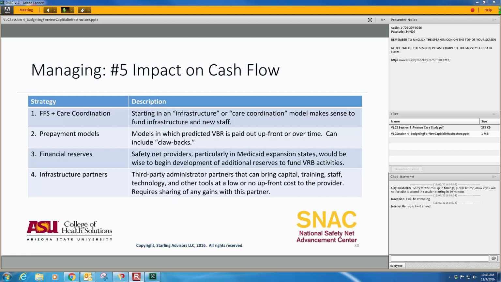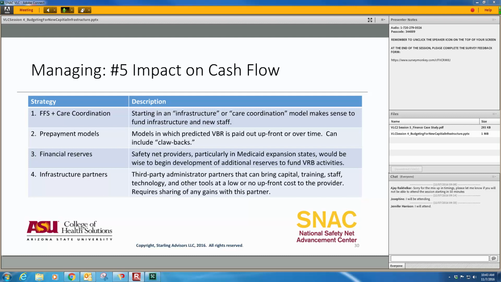In terms of strategies, we recommend a fee-for-service plus care coordination payment model. This is a good model for organizations to consider because it's an upside-only model with fairly guaranteed value-based payments to fund care coordination. If you can get there as a starting point, then your cash flow challenge is fairly limited.